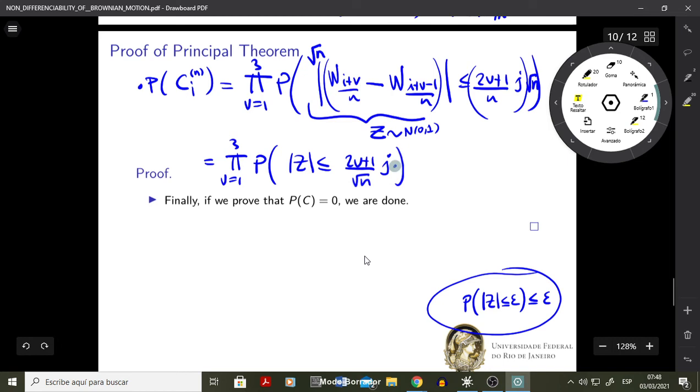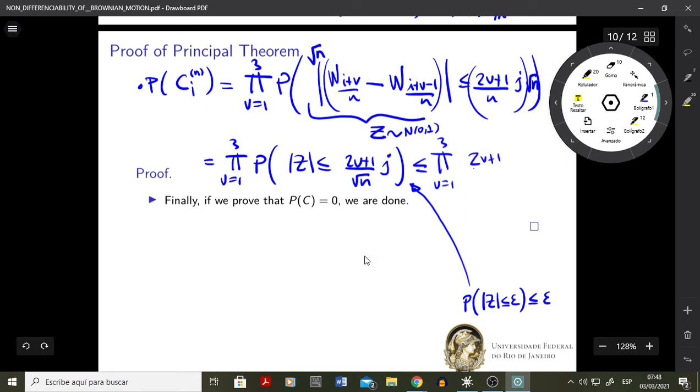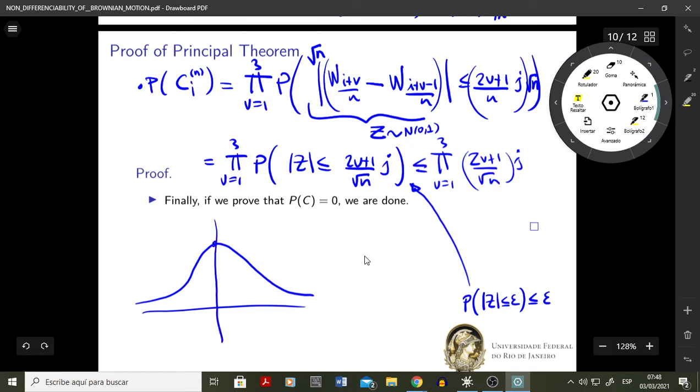Here we have this. By this property, this is less or equal than this. This is a consequence of the fact that the density of the standard normal distribution is bounded, so you can bound it with this rectangle.